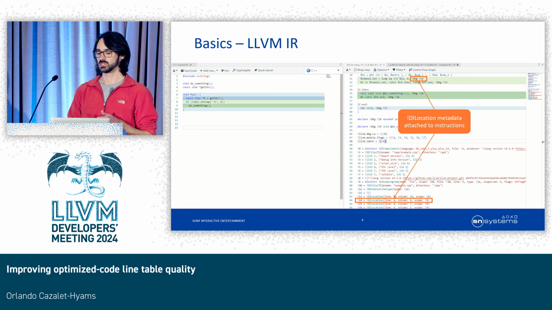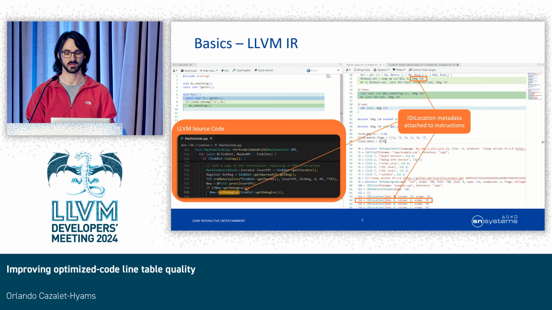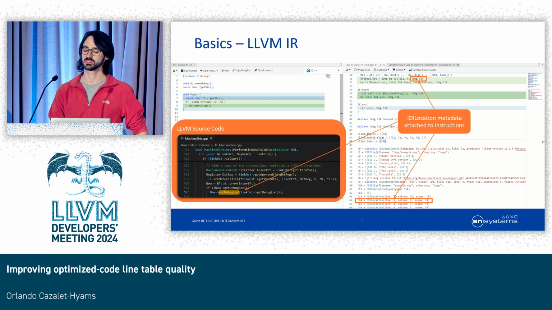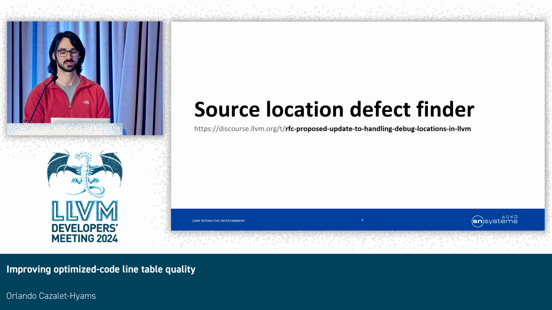In IR, we track instruction source locations using DILocation metadata, also sometimes called a debug loc. You may recall propagating or setting one yourself using setDebugLoc at some point, which leads me straight to my first problem, which is that sometimes debug locations are not updated correctly during transformations.